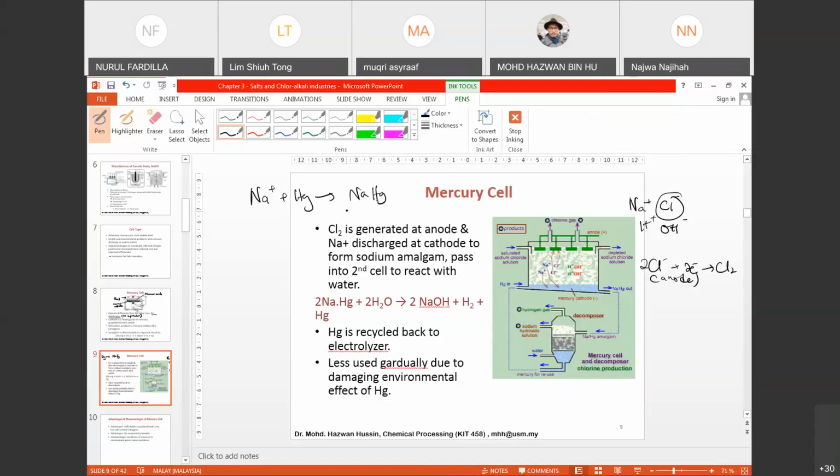So this is actually the amalgam. The amalgam will be used together with water to form sodium hydroxide. And this is actually the equation.